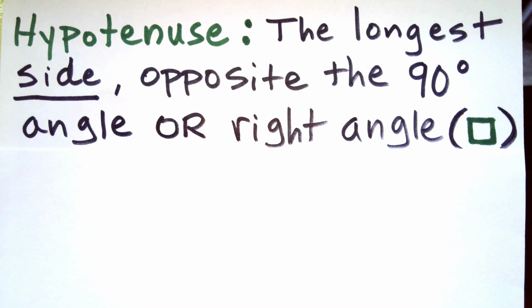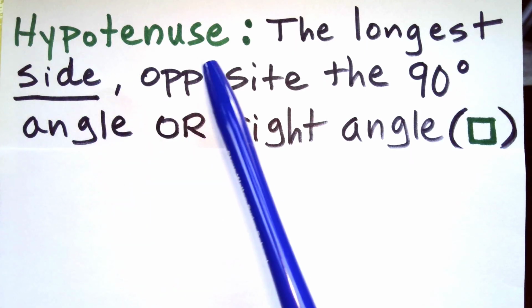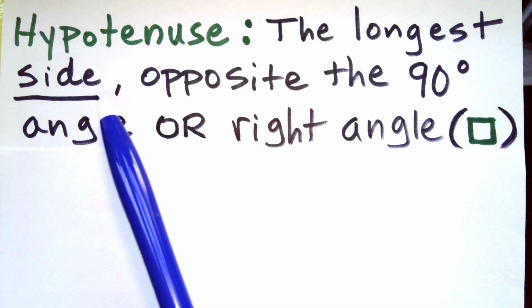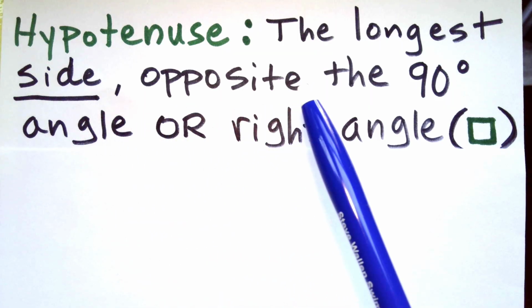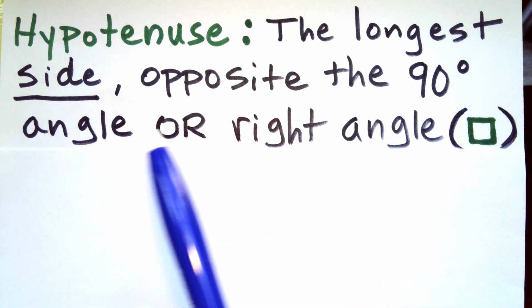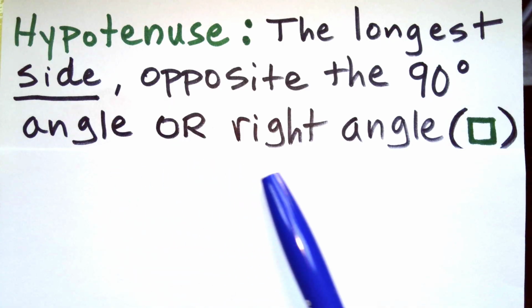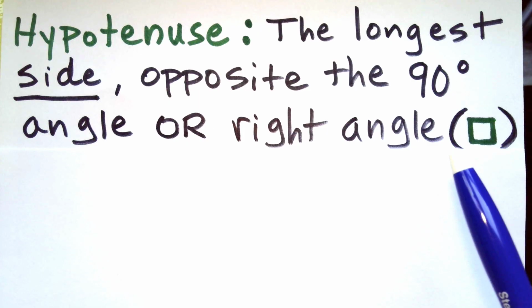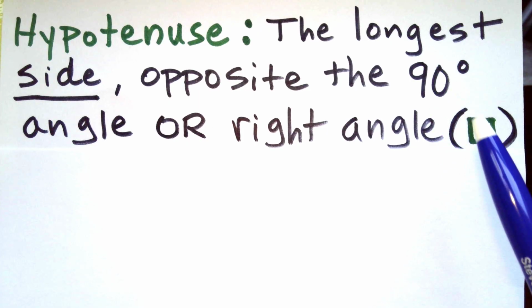Okay, so the last leg of the triangle is a hypotenuse. That's the longest side of a right triangle, and it's always, always, always opposite the 90-degree angle or right angle. It's that little square in the triangle represents 90 degrees, right?